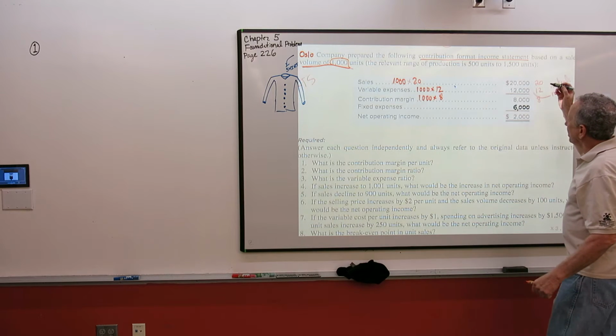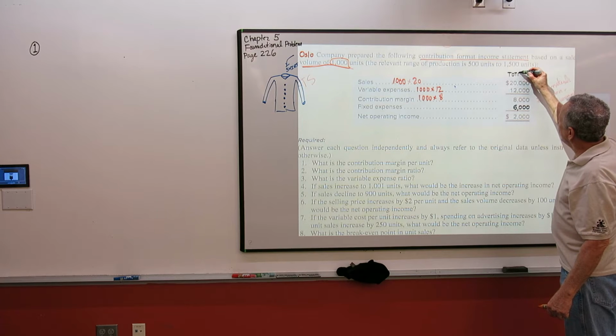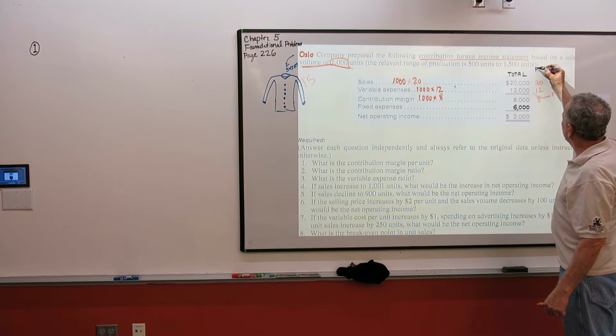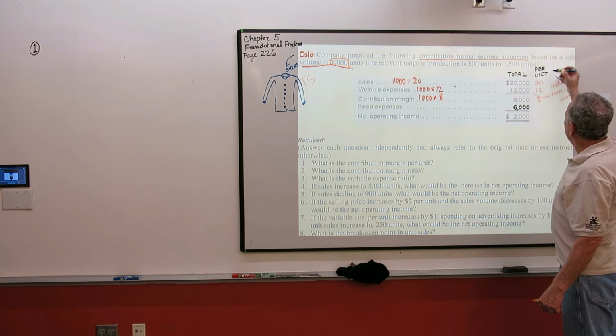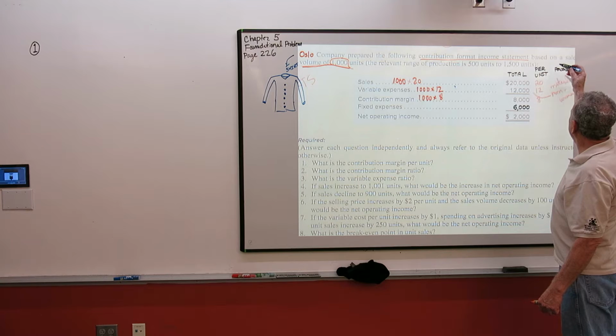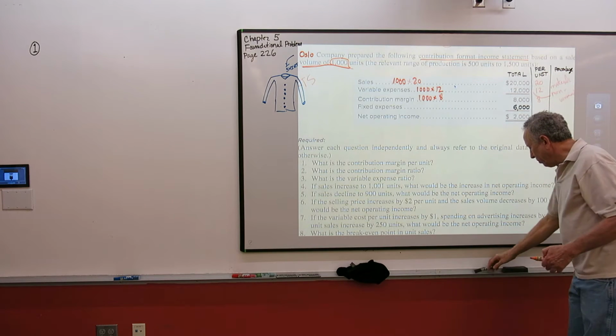In fact, here's what we're going to do. For any of these problems, and in real life, it's nice if you say, well, I've got a total, but I'd like to get the information per unit. And I'd also like to get it in percentage form. So let's again make a couple columns here. And say, all right, what do we mean by that?